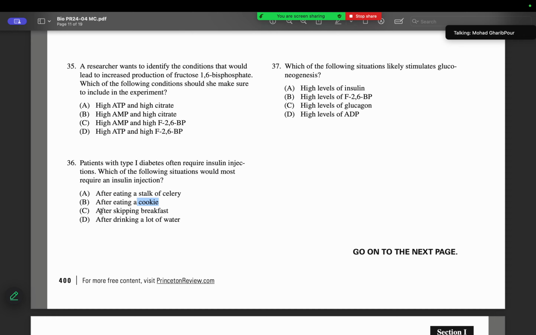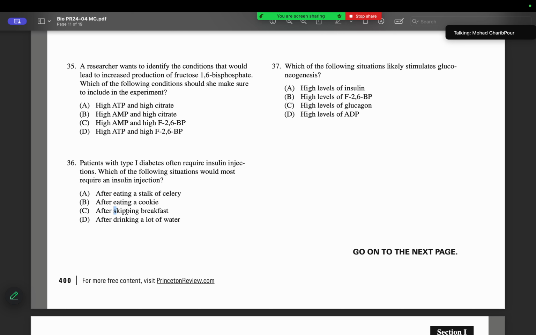And then C, after skipping breakfast. Well, if you're skipping breakfast, you have no sugar in your body, so no. That's actually dangerous. If you put insulin in your body without any sugar in your bloodstream, well, you always have a basal amount of sugar in your bloodstream.